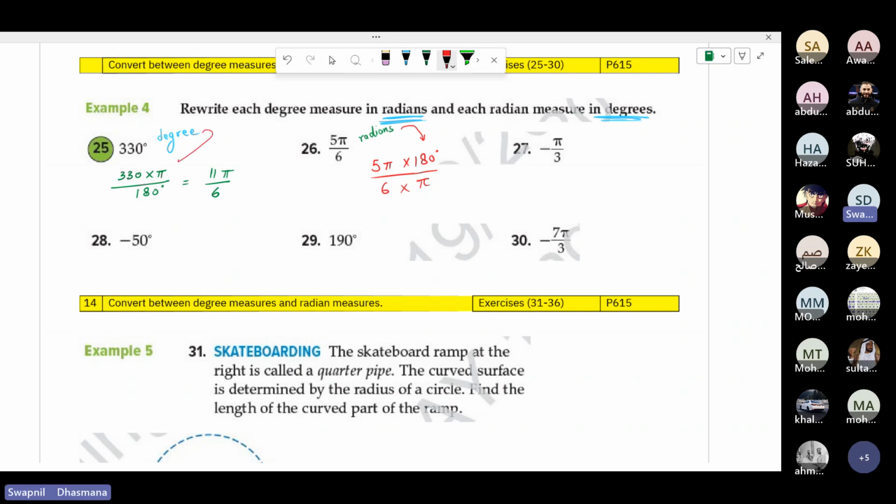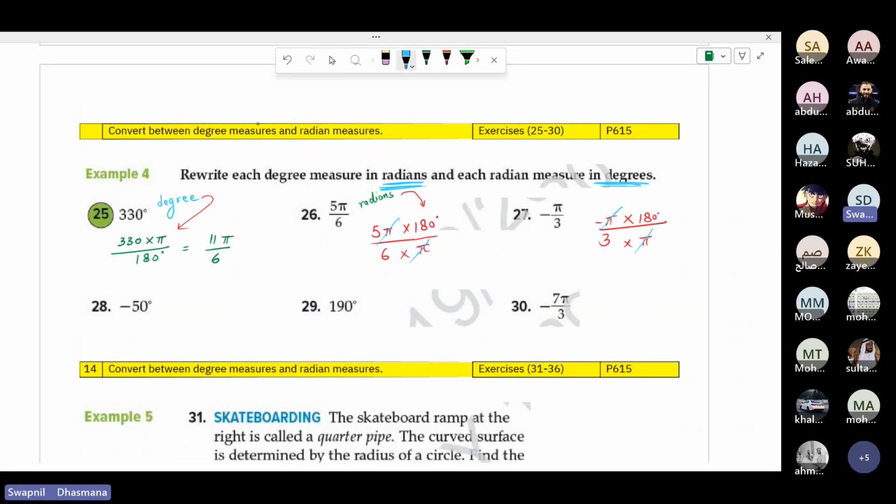This is degree to radians. For example in this one you will write 180 on top and pi below. Why? Because pi will cancel. The calculator will basically give the answer. So all these are the same. Remember the basic rule here that pi equals 180 and 2 pi, the circle, equals 360.